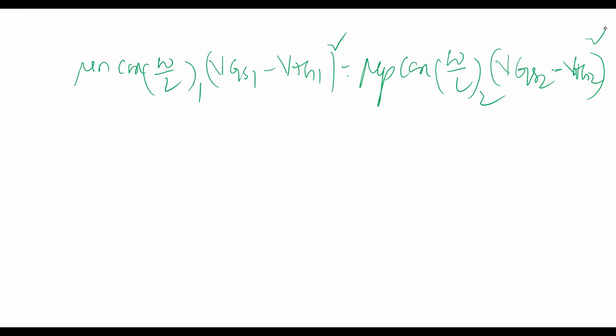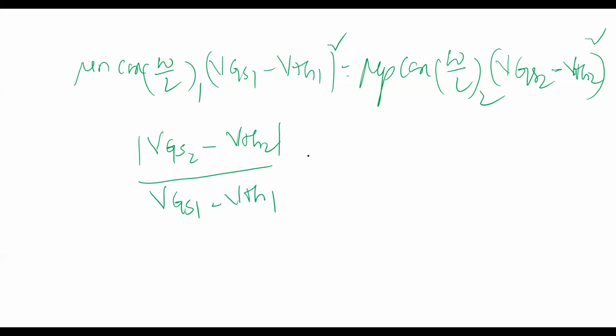So now, the mod of VGS2 minus VTH2 by VGS1 minus VTH1 is equal to AV. What are the numerator and denominator?